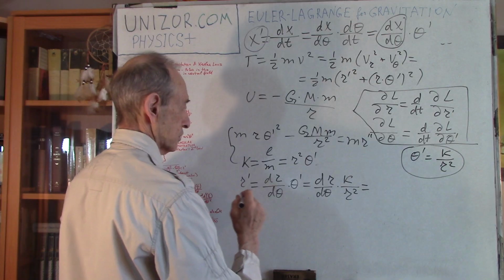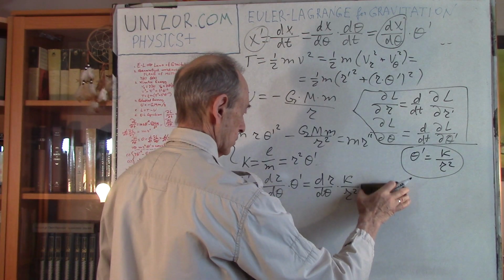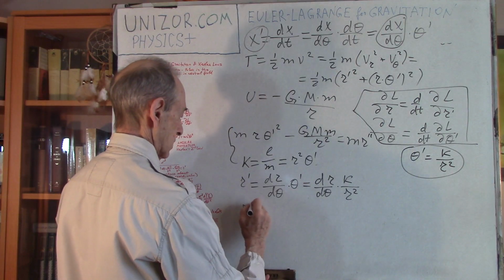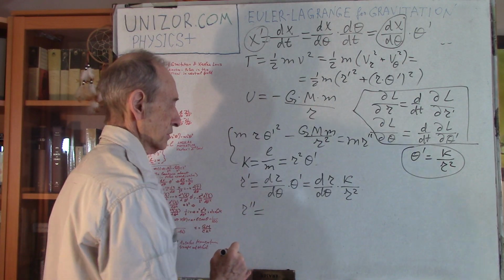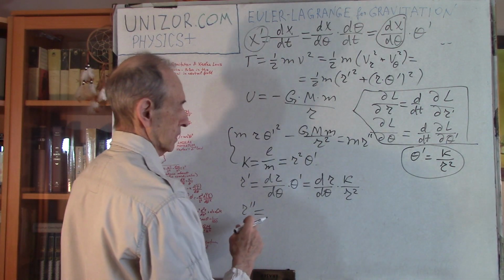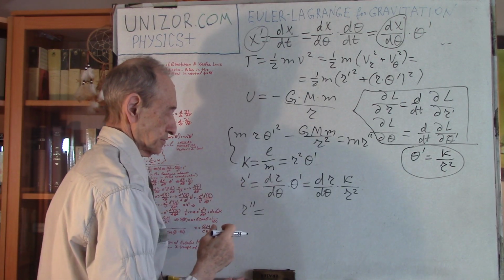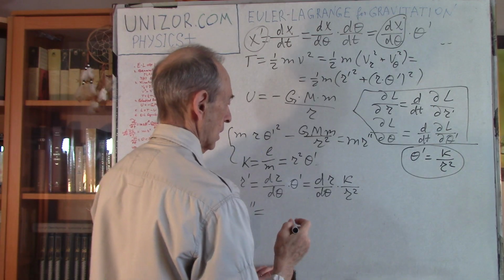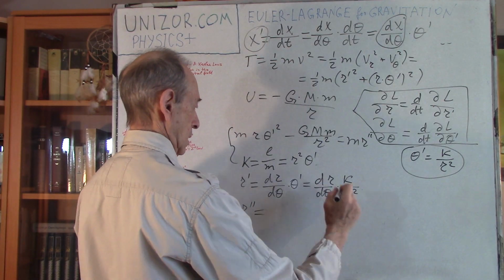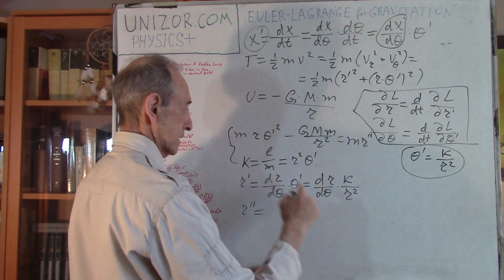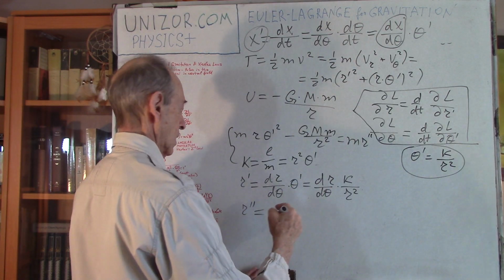Now if I want to make another, r double prime, the second derivative from here, it would be what? Again, we will do it by theta and then theta prime.